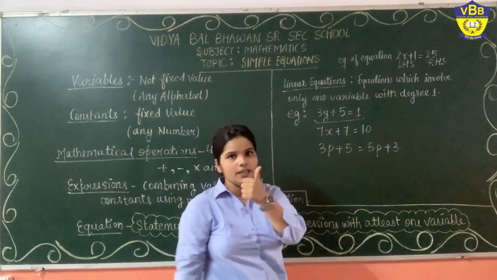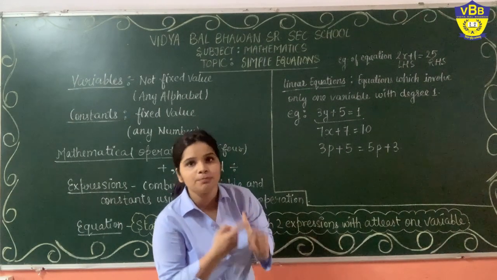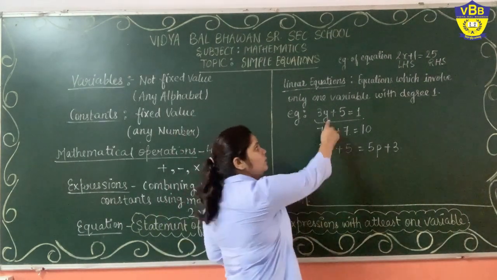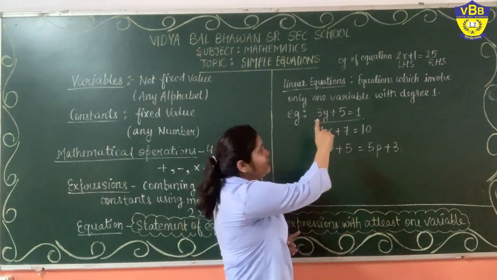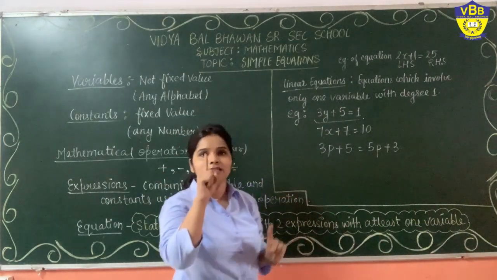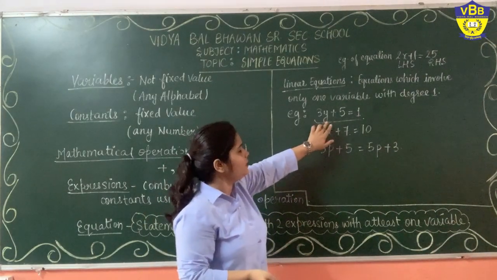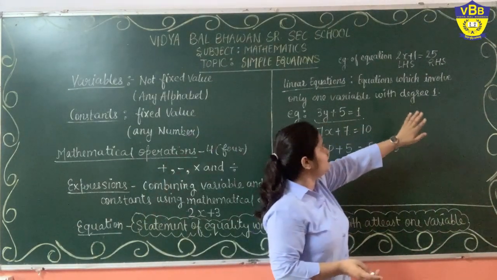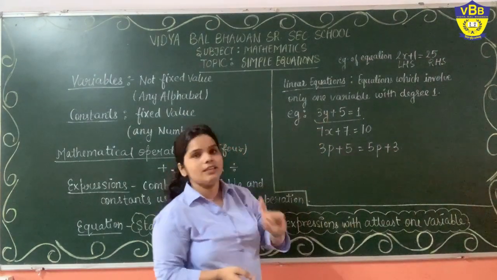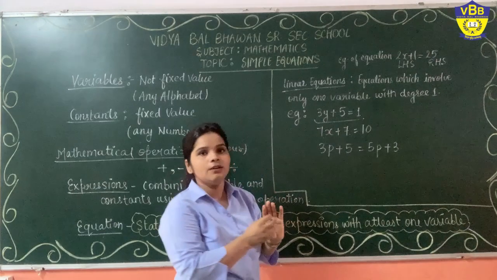What is degree? Degree is basically the highest power of the variable. Here the only variable is y and y has only power. There is nothing written, that means it has power 1. So the degree of this equation is 1. So this is a linear equation with one variable.